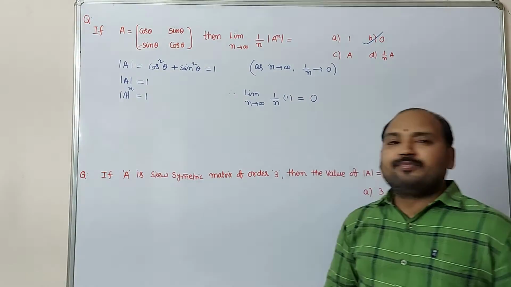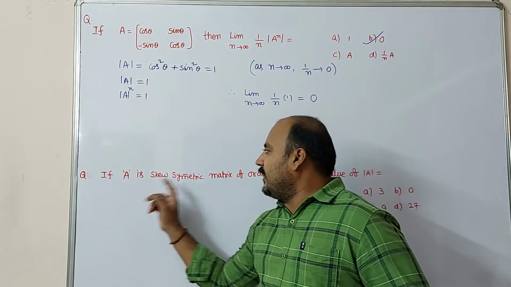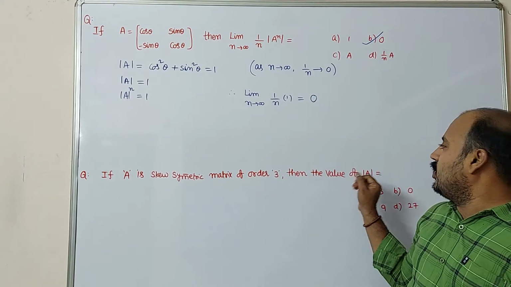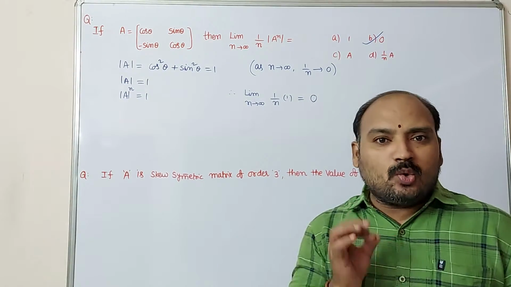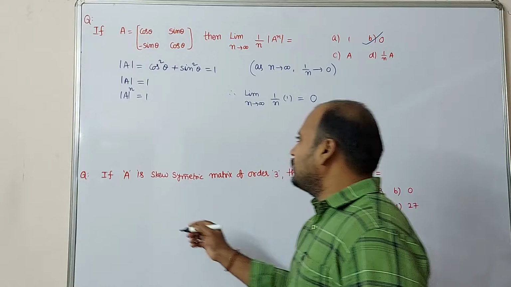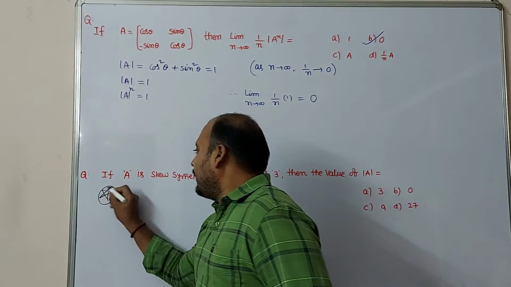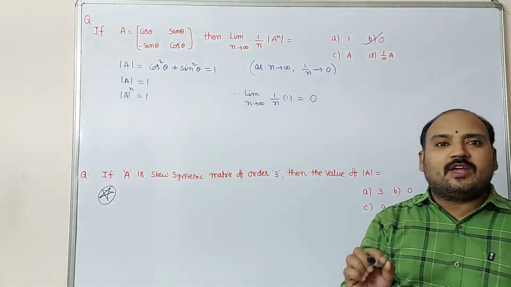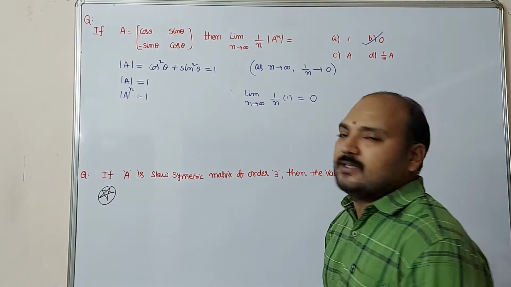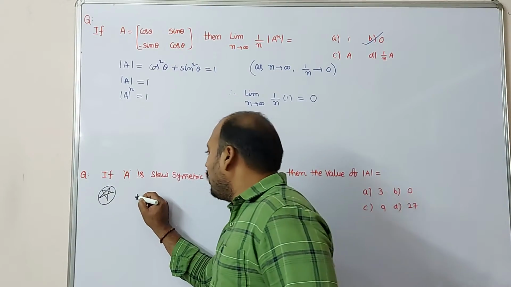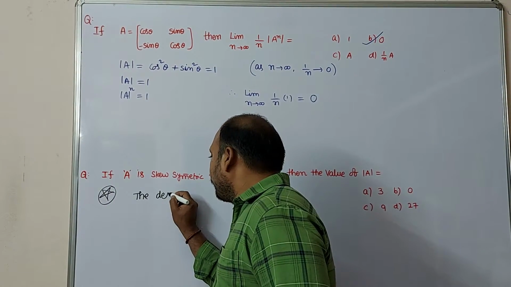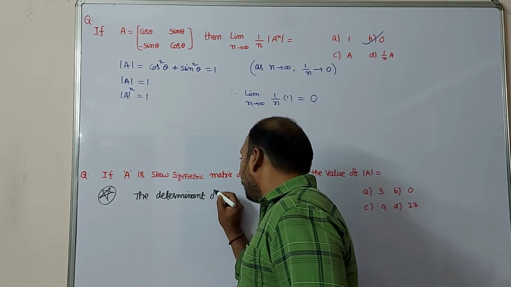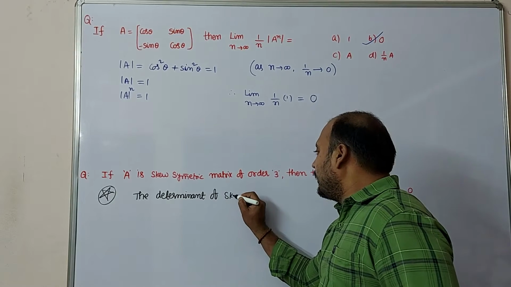Now come to the next question. If A is a skew symmetric matrix of order 3, then the value of det A is? You remember, this is a very important point, dear students. The determinant of a skew symmetric matrix is always 0. It is a standard result.